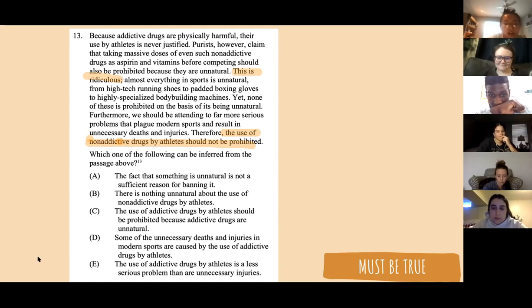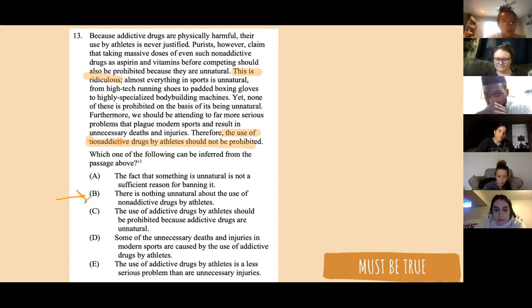So I had said that aspirin and vitamins are non-addictive drugs that may be unnatural but should not be prohibited. Excellent. Yeah, you're saying that things that might be unnatural shouldn't be prohibited. All right, who has B? Giovanna, why is B wrong?